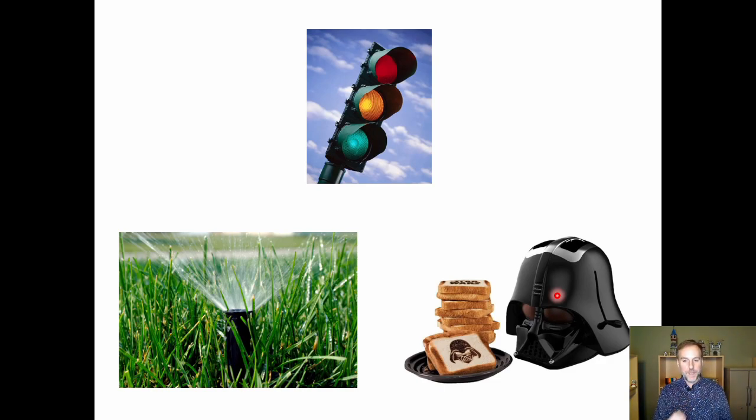So if you set it to medium, it will toast for whatever the medium time is. If the bread starts to burn, it doesn't care. It's just going to keep toasting. It's not listening to the environment. If you forget to put bread in at all and push the toaster down, it's still going to go ahead and toast that bread. So those are examples of physical systems that are open loop in nature.